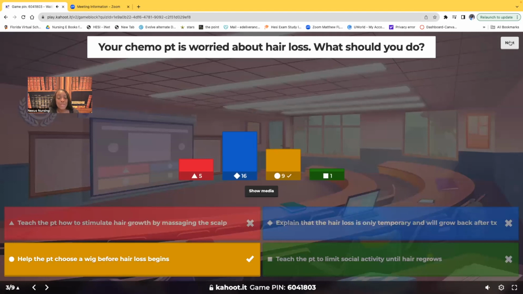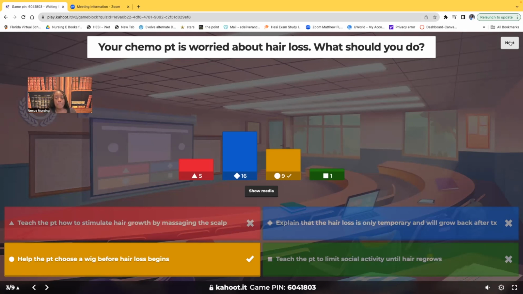Wow. So let's talk about this. The correct answer is help the patient choose a wig before hair loss begins, and only 9 of you guys chose that answer. So this is very important. HESI, ATI, NCLEX, all of them have been known to ask some type of variation of this concept. So let me explain this to you. Patients are going to be concerned about hair loss because it's something real, something that happens.